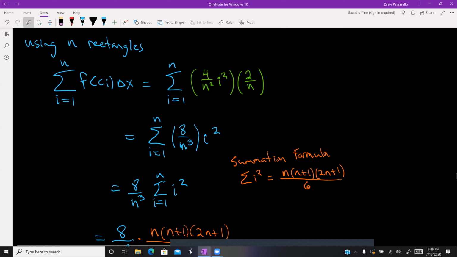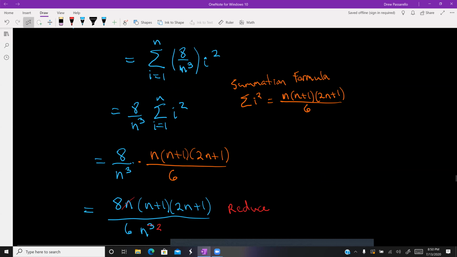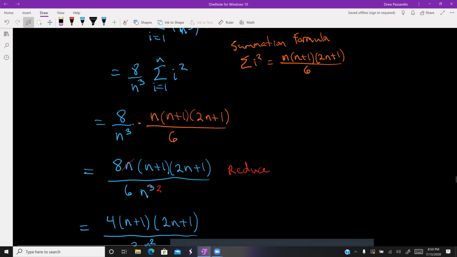Then from the previous video, we talked about summation formulas, and the summation formula for i squared was n times n plus 1 times 2n plus 1 over 6. So I plug what that is, the stuff in orange, into the Riemann sum. So then you have 8 over n cubed times the same stuff in orange, and then I try to reduce this.